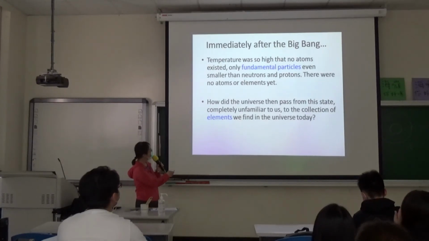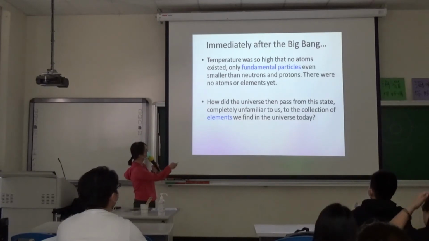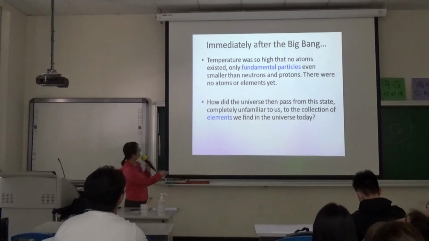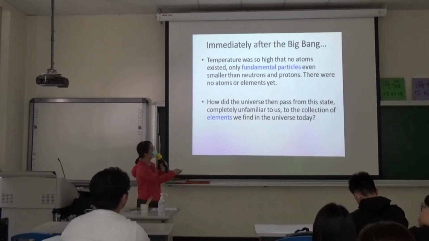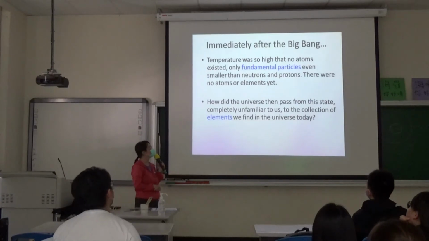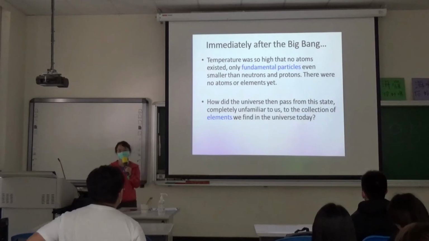And then the next question is, how did the universe pass from this state, where there were only fundamental particles, completely unfamiliar to us, to the collection of elements we find in the universe today? This will be the topic for this week and next week.